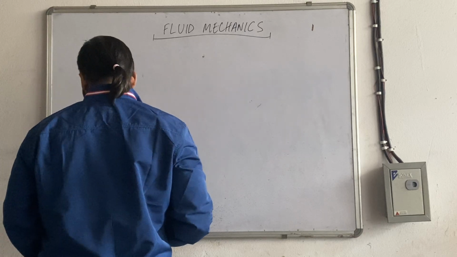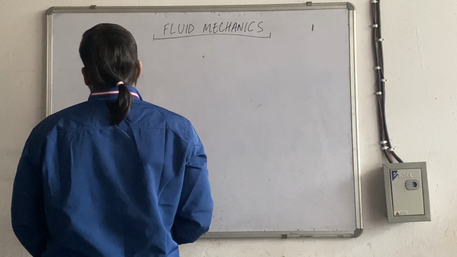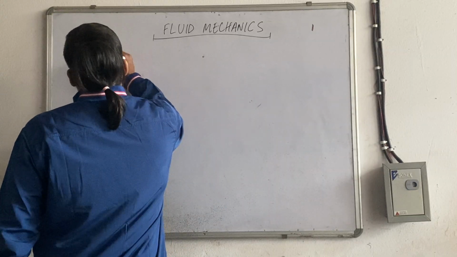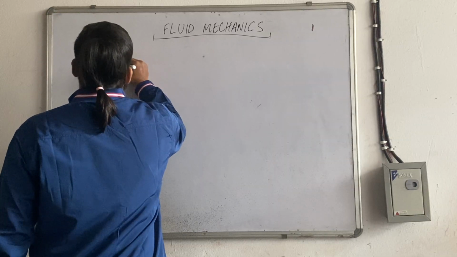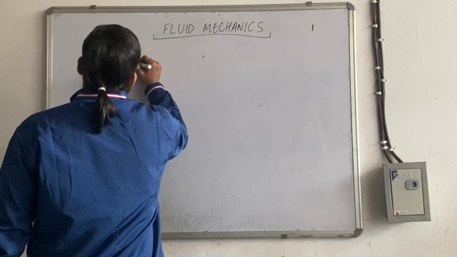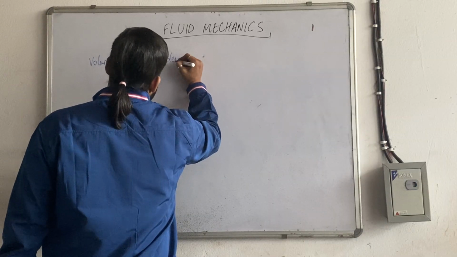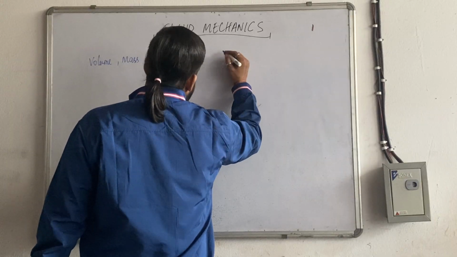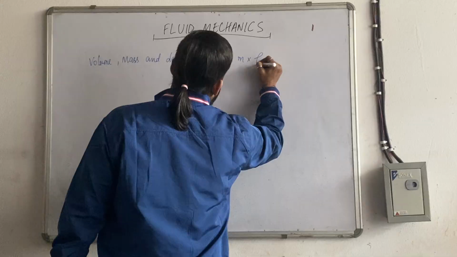There are some parameters which need to be studied, and we have been studying them since class 6, that are volume, mass and density, which can also be formulated as V is equal to M into rho.